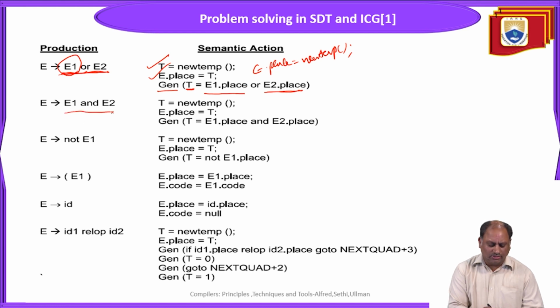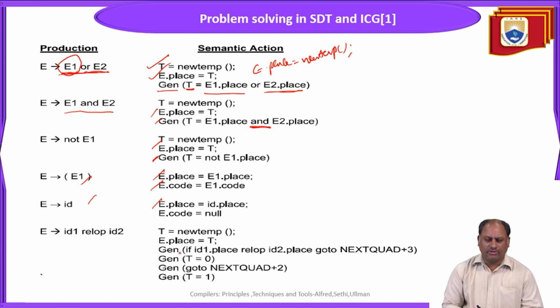Suppose if both are included, then we use an AND operator. But the address reference and the returned value are the same for this E1 and E2. Here also we create the place and a new temp. Finally, we generate the temp with not E1 dot place equal to, and here the expression E1 dot place, E1 dot code, identifier same as this one, relational operator.